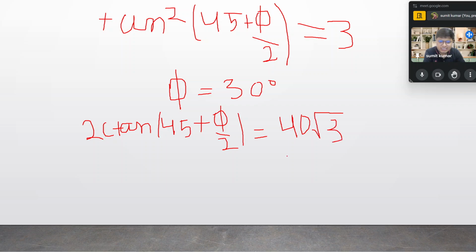2c tan (45 plus phi by 2) equals 40 root 3, and as phi is equal to 30, this is going to be 2c tan (45 plus 30 by 2). 30 by 2 is 15, so 2c tan 60 is equal to 40 root 3.